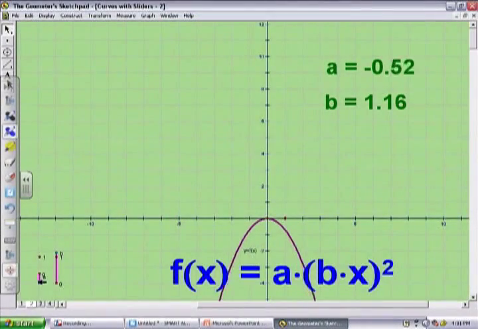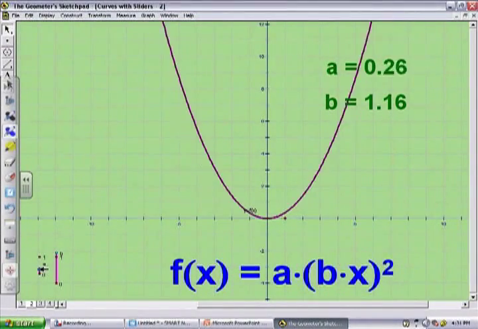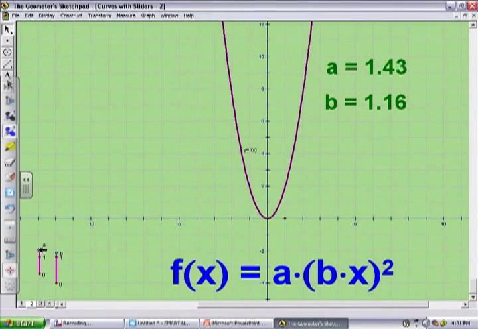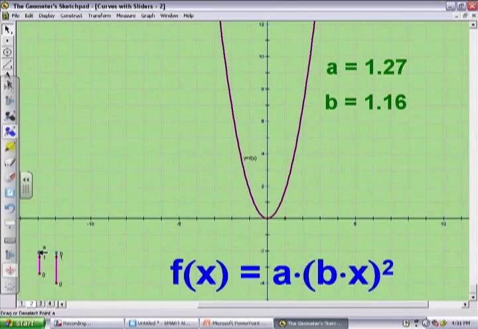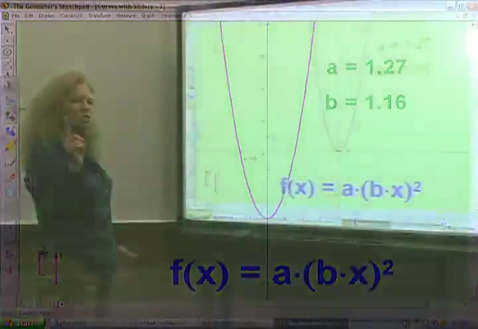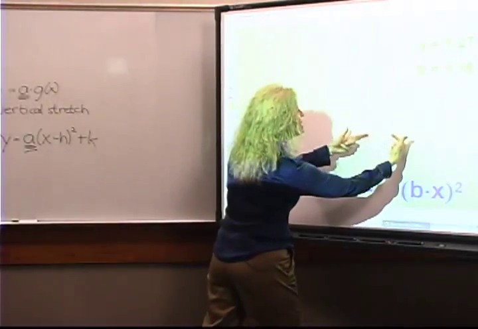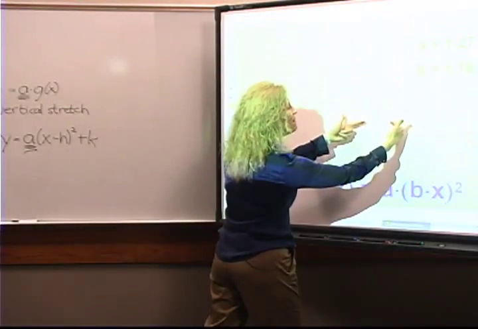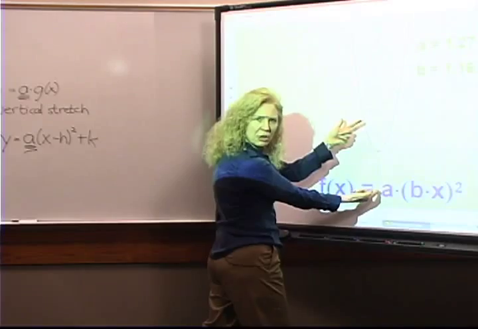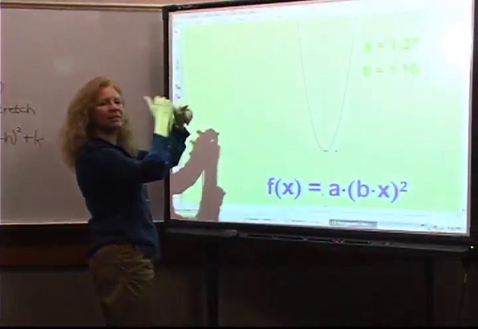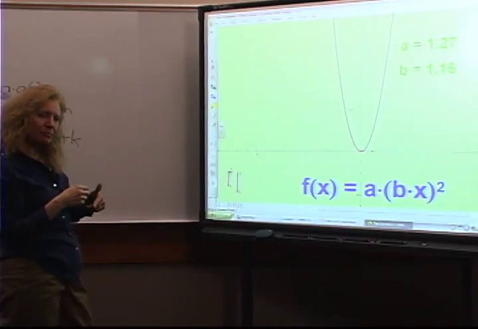It's still doing the stretch idea, but the negative will flip it over the x-axis. Now, I always like for you to think about, well, why would that happen? And just like we talked about with the sine curve, right now I have all these positive y values. If I multiply those by a negative A value, that's what flips it down.